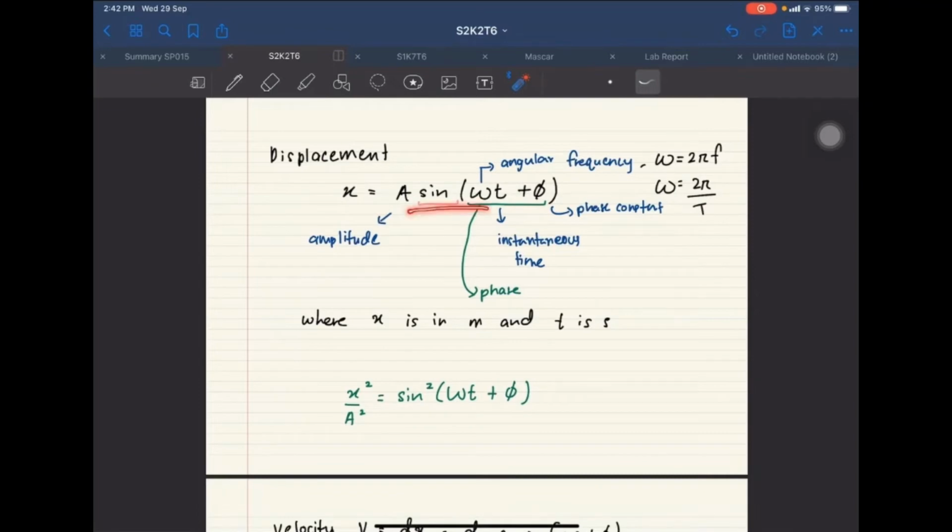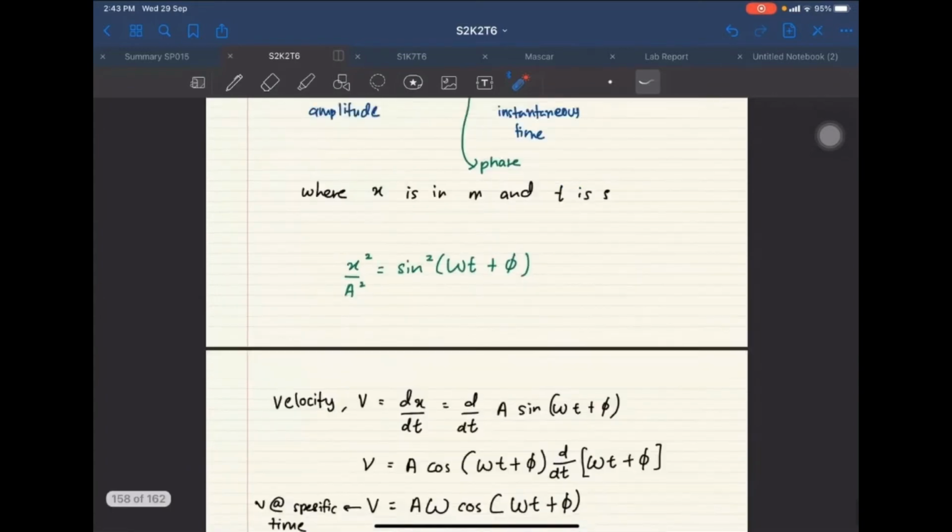You can see that dekat maximum displacement, which is at the amplitude. Okay, if this one is a sine equation, so basically value dekat sini dia berubah daripada 0, maximum dia 1, minimum dia negative 1. Okay, so X will be maximum when this one is equals to 1 ataupun negative 1, which is equals to the amplitude. Okay, kamu nampakkan dia idea tu.